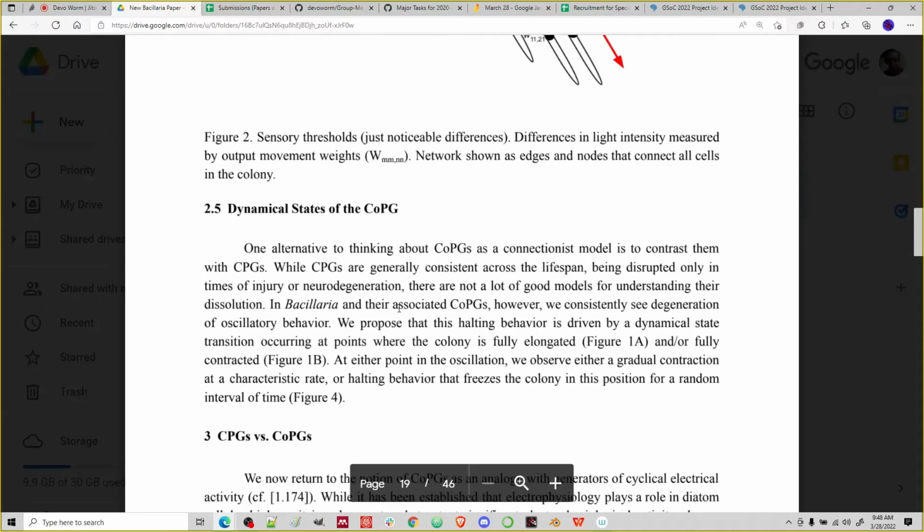Now, this took inspiration from what they call central pattern generators. Central pattern generators are things that generate an oscillatory movement. And you see this a lot in insect limbs. So when insect legs are moving up and down, there's a central pattern generator in the notochord that's moving, and it's allowing it to.